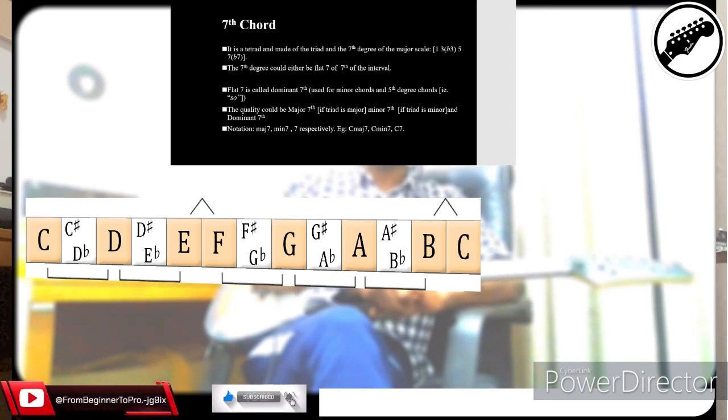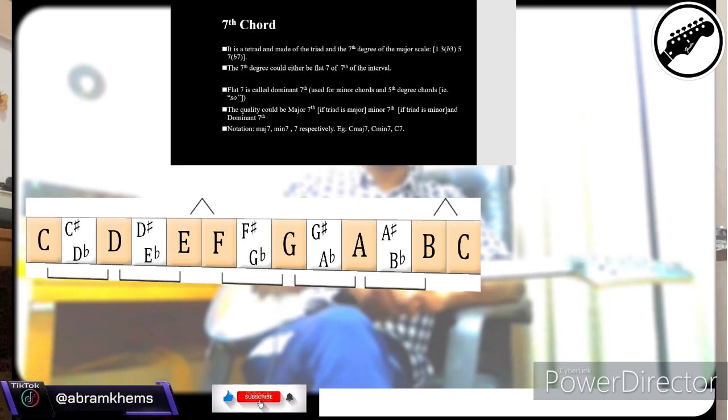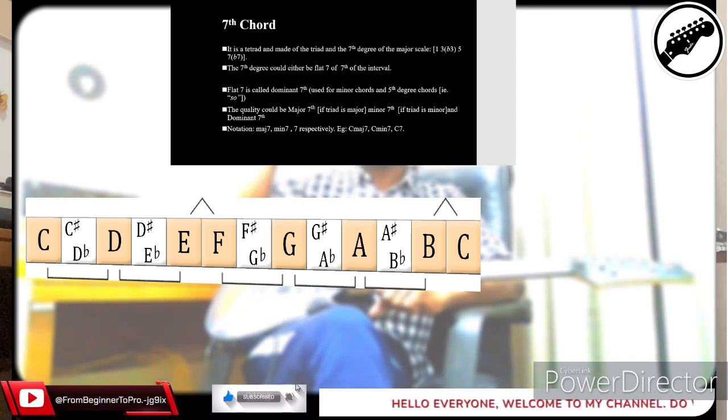Okay, dominant chord. And then where it has the major 7th, then it's called just major 7th. Okay, so the flat is going to be a dominant chord, and then the other one is going to be a major 7th chord. Okay, all right.